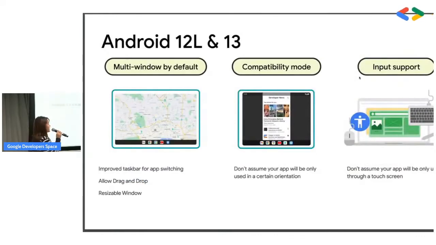Android 13 builds upon Android 12L, with more powerful and intuitive multitasking, an improved taskbar for app switching, drag and drop, and resizable windows. With these changes, you could be curious how your app stays compatible with devices of different form factors.